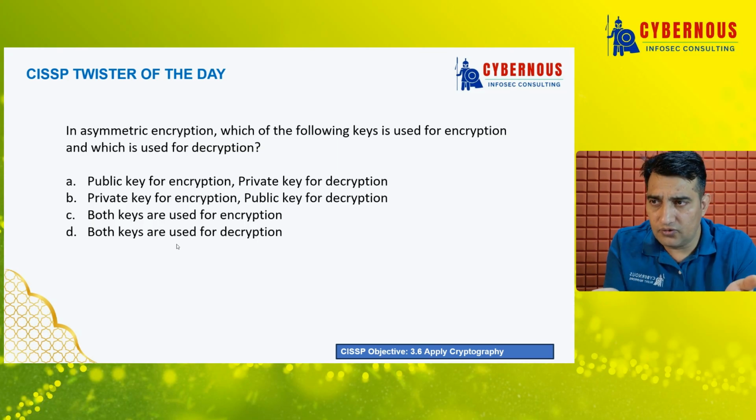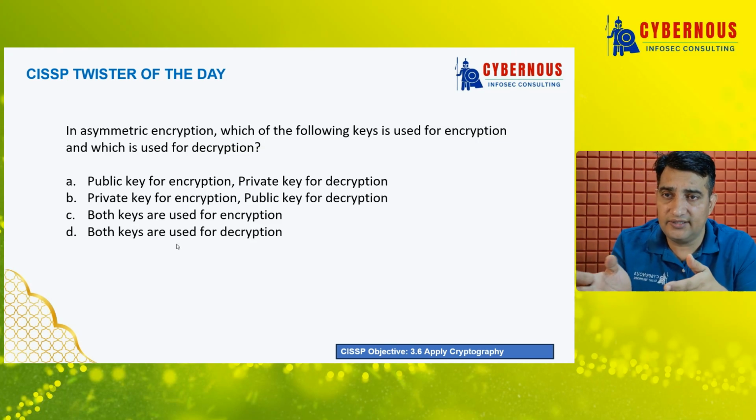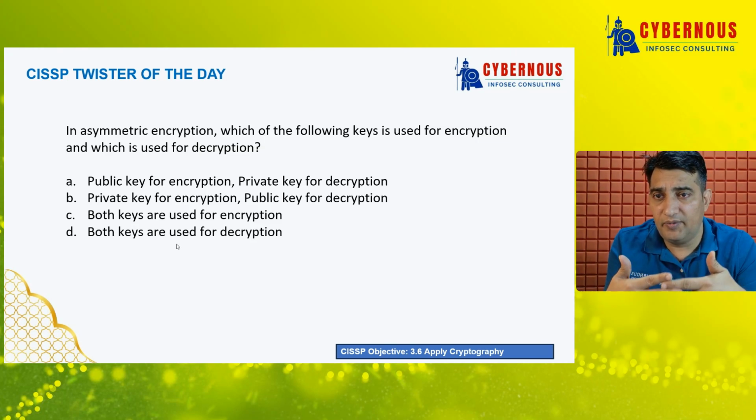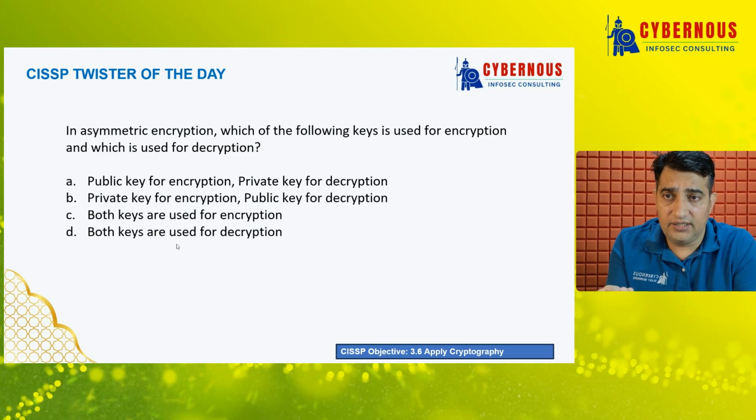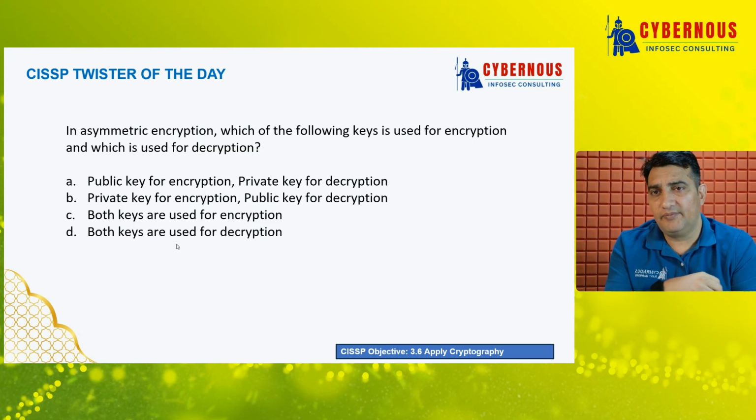That is also not true. So B, C, and D do not align. Only option A aligns, wherein we are using the public key of the receiver to actually encrypt the message. And when the message reaches the other end, he or she is using the private key to decrypt that particular message.